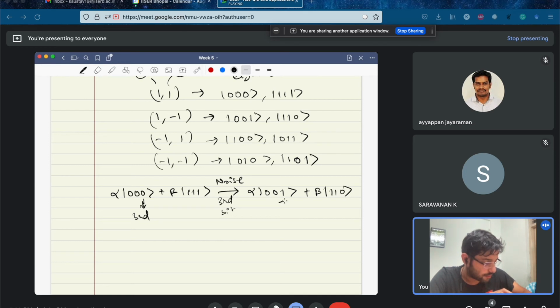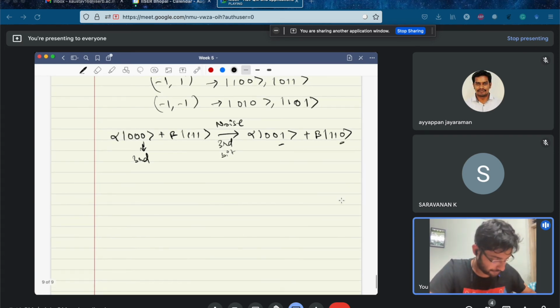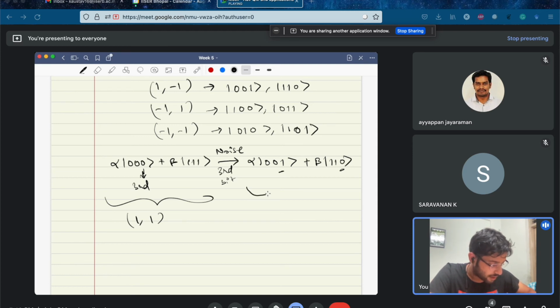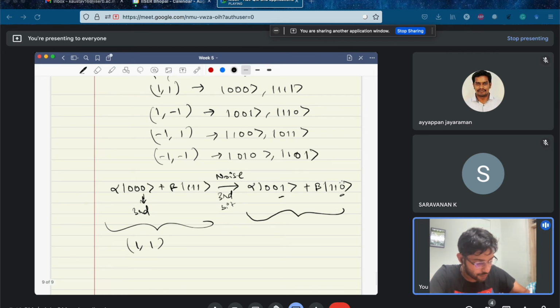So both these third bits are getting flipped, right? Initially the eigenvalues for this state were 1, 1 for the two operators. But once you have the noise corrupting the third bit, the eigenvalues get shifted to this one.